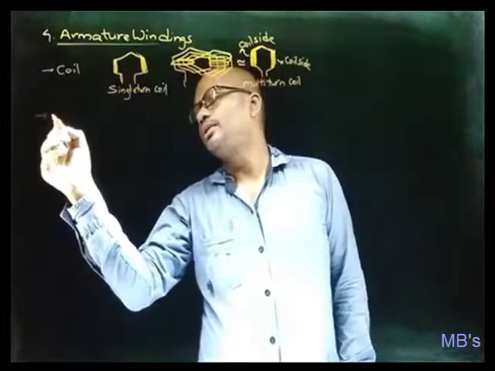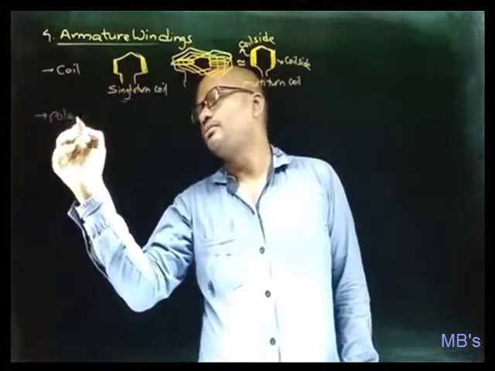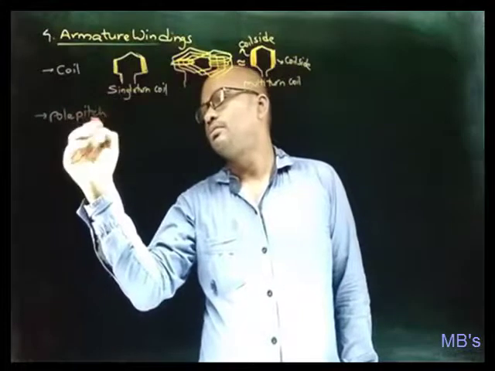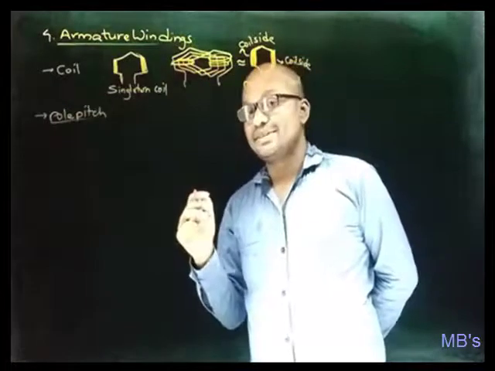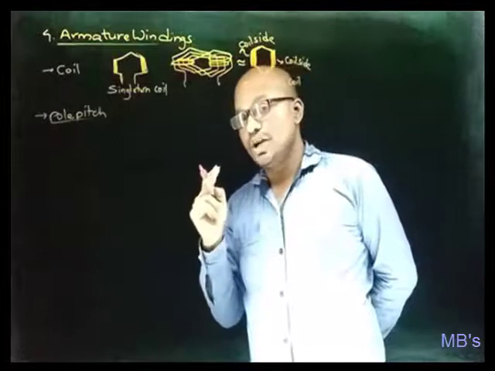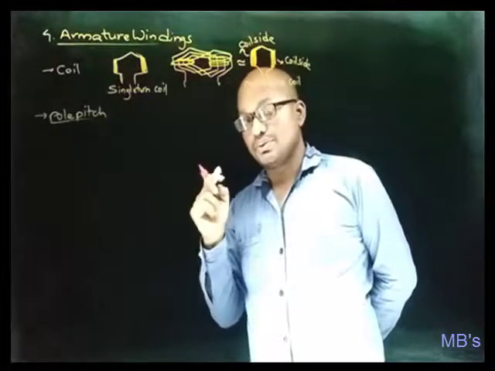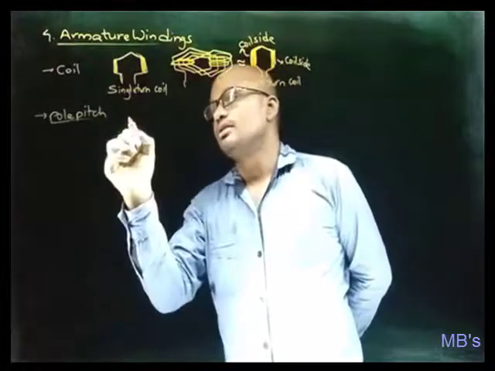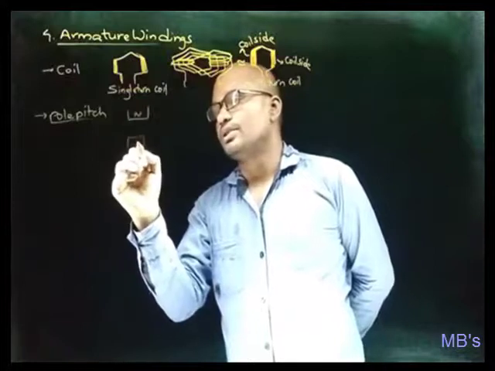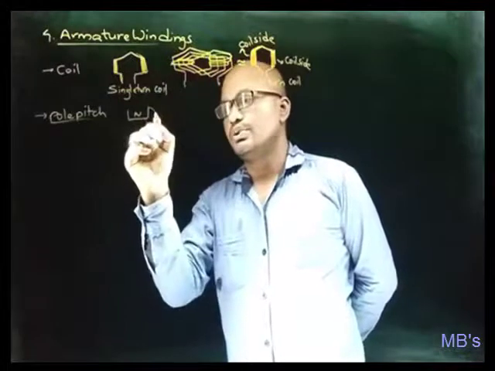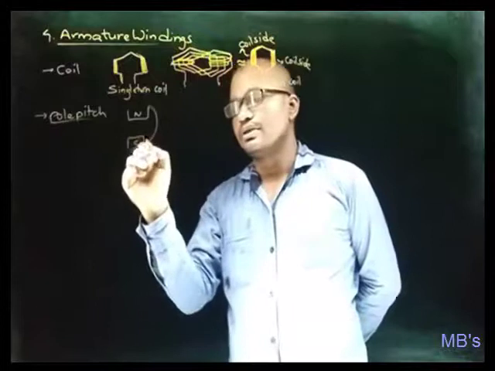And next, pole pitch. So pole pitch is the peripheral distance between the two adjacent poles from center to center. Means if suppose this is the north pole, if suppose this is the south pole, and these two are, let us suppose, the adjacent poles.